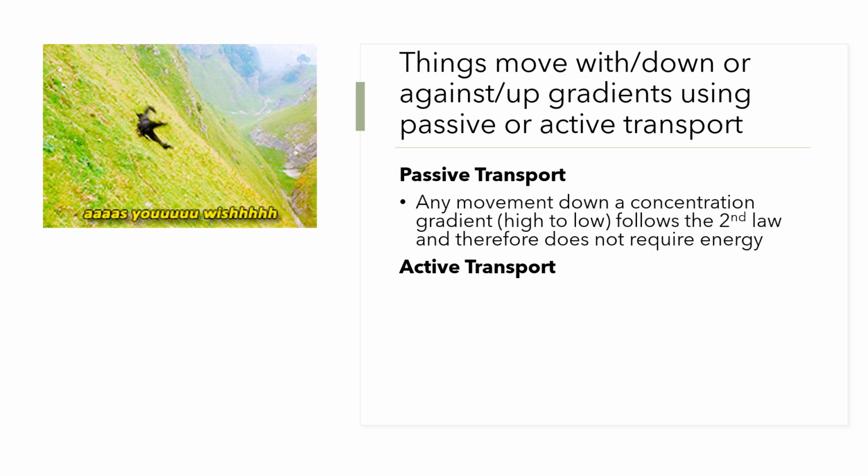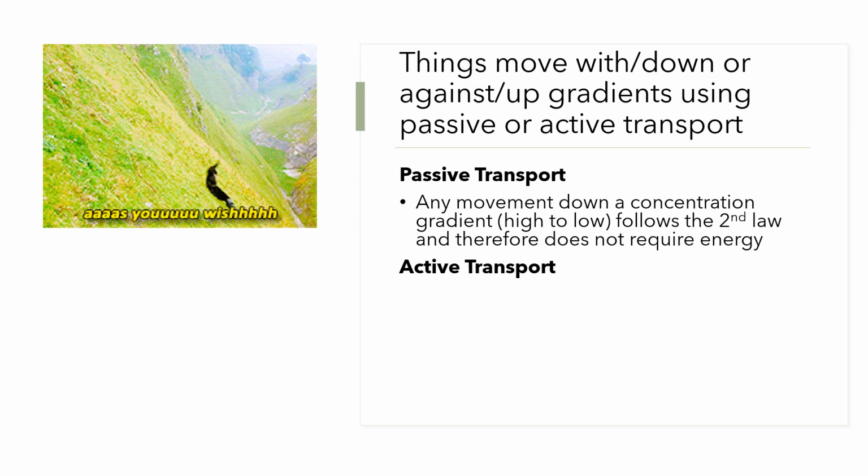Passive transport is when the molecules just diffuse naturally on their own, following the second law of thermodynamics, going from order to disorder. This is going from a high concentration to a low concentration until everything is equal. This is passive, meaning there is no input of energy. This just happens naturally due to the normal movement of the molecules.